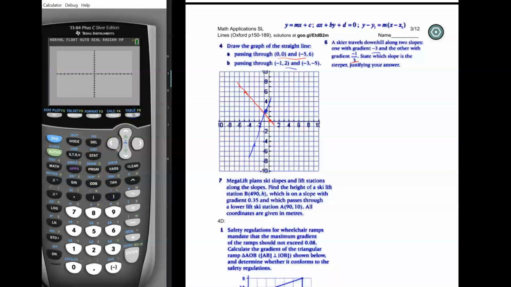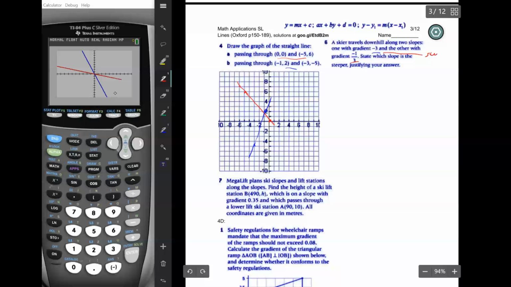This is one of the good things about having a color calculator. It's very easy to see which line is which once you graph it. So obviously the blue one is steeper.